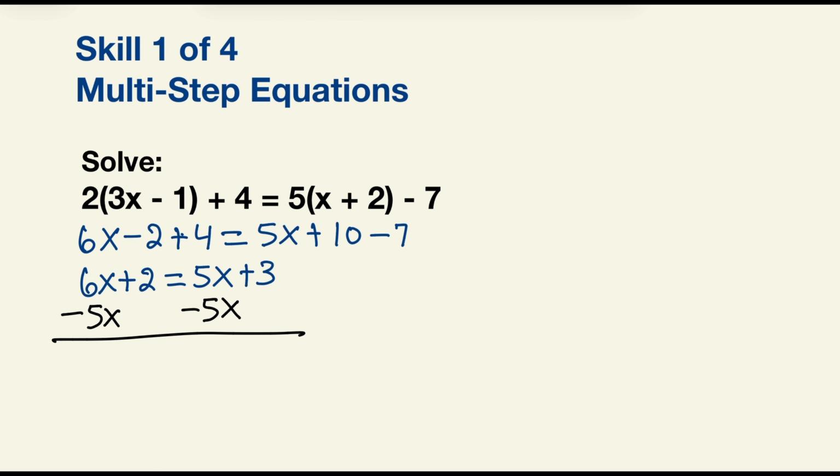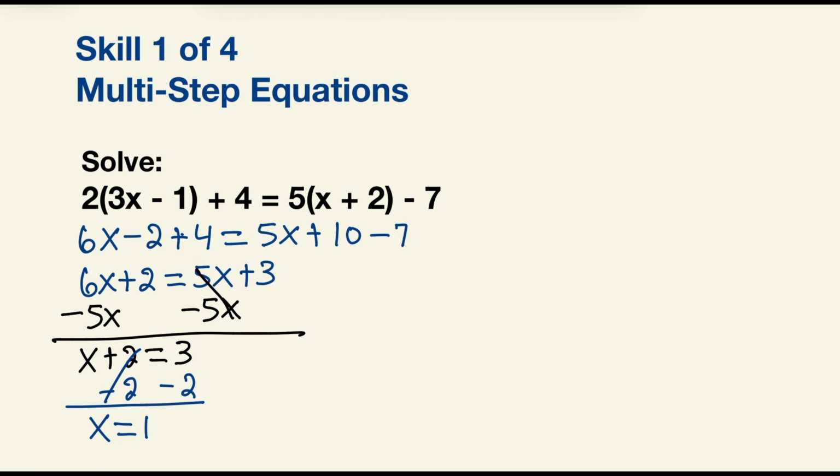On the left we have x plus 2. Bring down your equal sign, 5x minus 5x cancel out, and bring down your 3. Now we have x plus 2 equals 3, and solving for x, we're subtracting 2 from both sides, and x equals 1. Okay, and that is our answer.